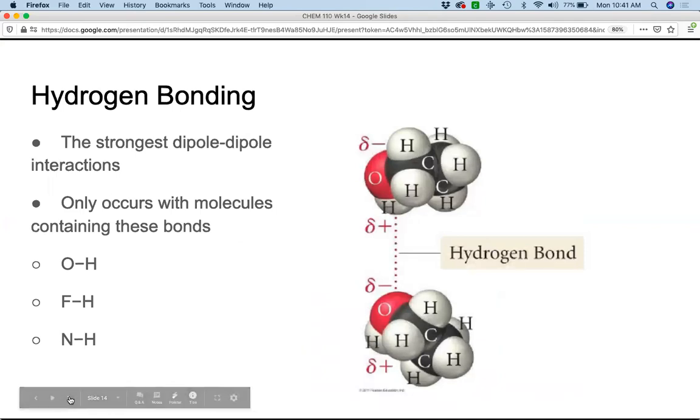All right, we're going to talk about hydrogen bonding, which is the strongest of the dipole-dipole interactions. So this only occurs within molecules that contain OH bonds, FH bonds, and NH bonds. Other molecules might experience dipole-dipole interactions, but that's not the same thing as a hydrogen bond.